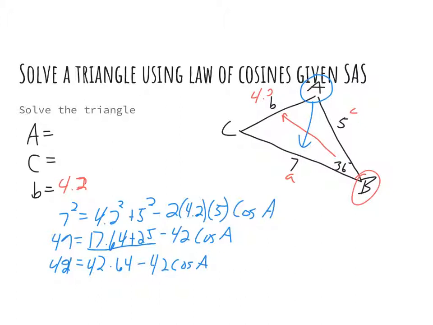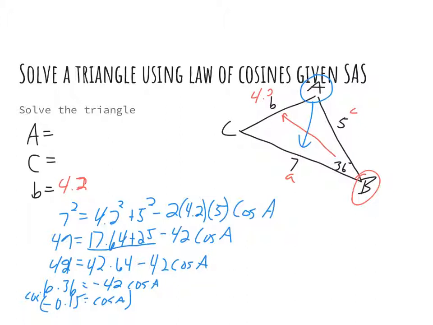Subtract the 42.64 over to the other side. That's going to get me 6.36 is equal to negative 42 cosine of A. Divide both sides by negative 42, and I'm going to get about negative 0.15 is equal to the cosine of A. To get rid of cosine, remember we use inverse, so we're going to do inverse cosine of both sides.